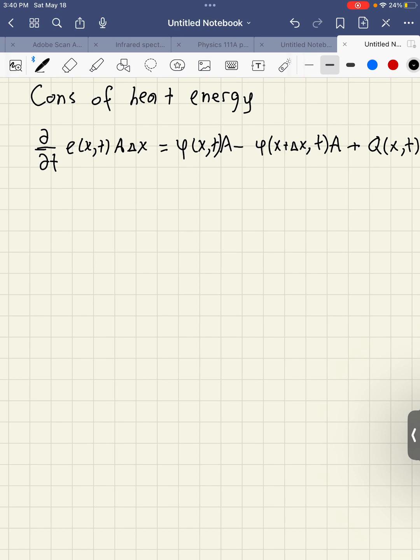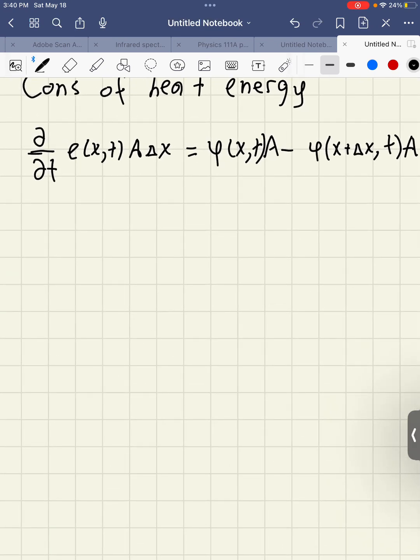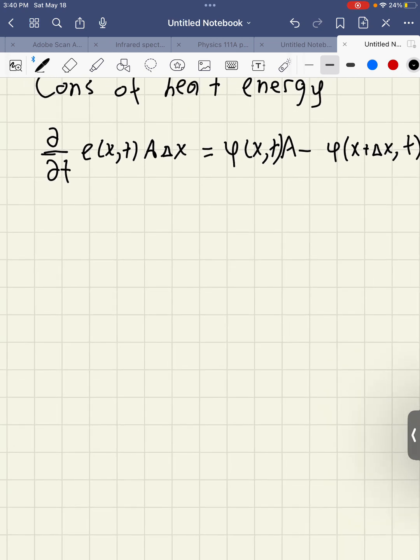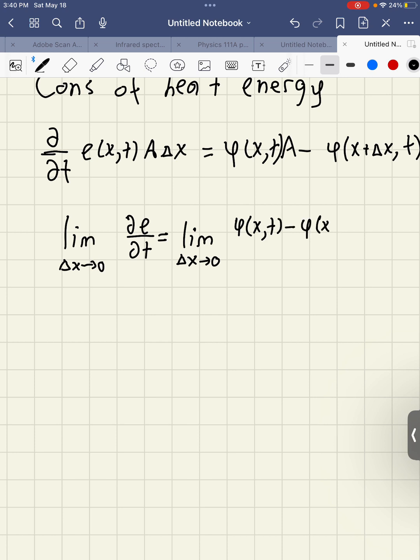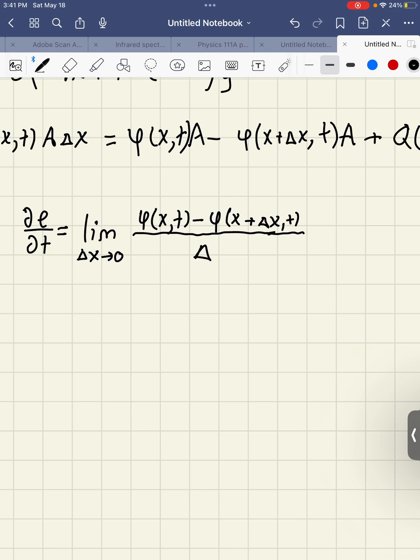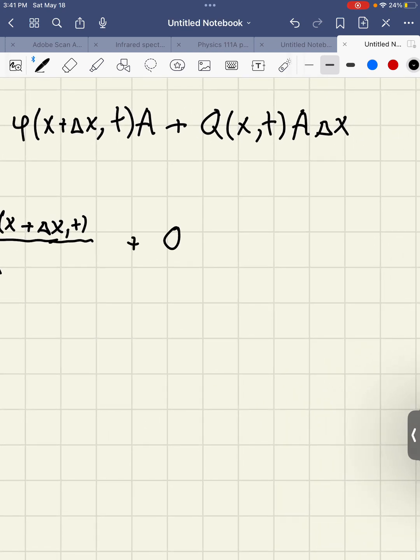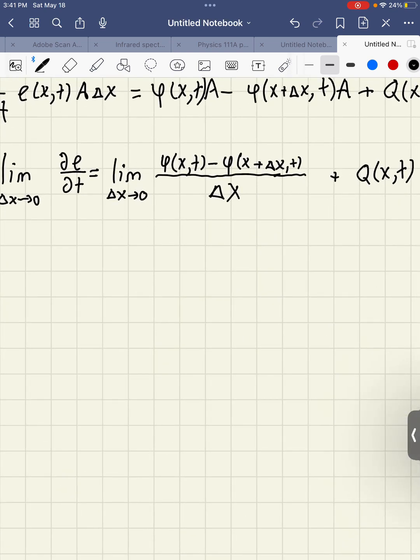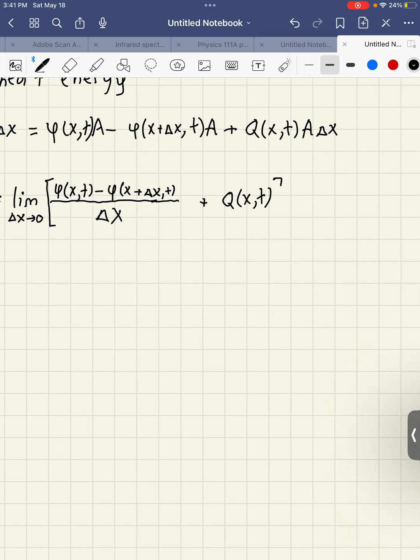Now divide everything by the area and the delta x, and take the limit as delta x approaches 0. So partial e partial t is equal to the limit as delta x approaches 0 of phi of x, t minus phi of x plus delta x, t, over delta x, plus our q of x, t.